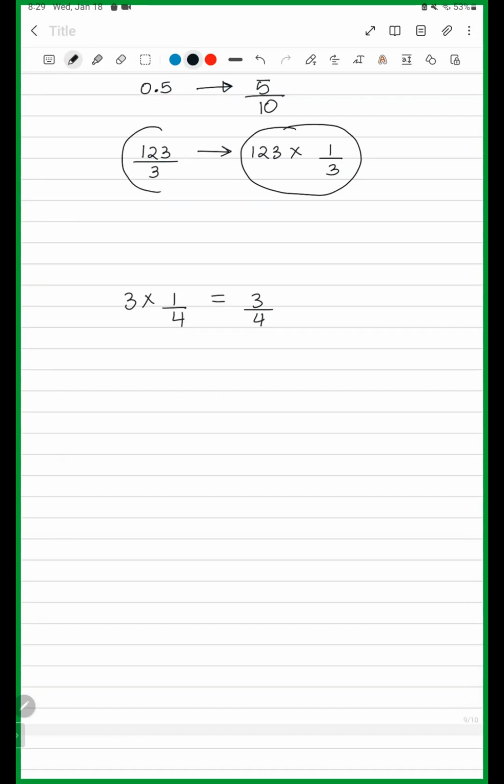What we are doing is numerators are being multiplied with each other and denominators are being multiplied with each other. Can you tell me what is the denominator of 123? 1. Very good, 1.